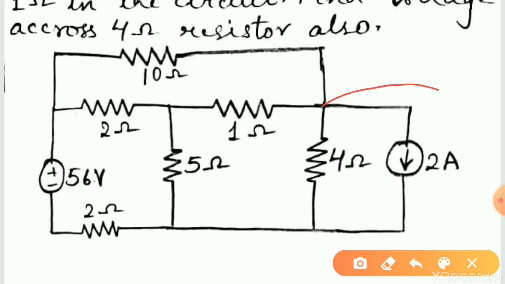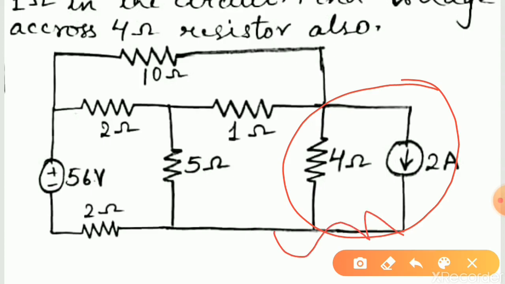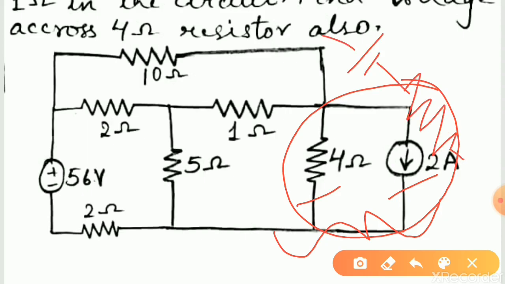We have a 2 amp source in parallel with a 4 ohm resistor. Let us apply source transformation at this particular point of the circuit. We can convert a current source in parallel with a resistor to a voltage source in series with a resistor. This is called source transformation, which we have already studied in our previous video.